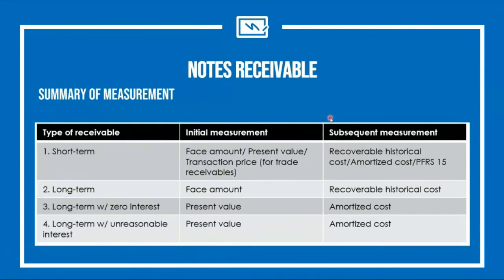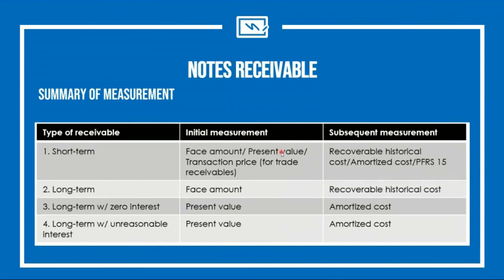Okay? So, kapag yung receivable ay short-term, meron tayong separate column for initial measurement and subsequent measurement. The initial measurement of short-term receivable will be face amount, or present value. Pwede ring transaction price for trade receivables. Again, di ba, bakit may present value pa rin dito?